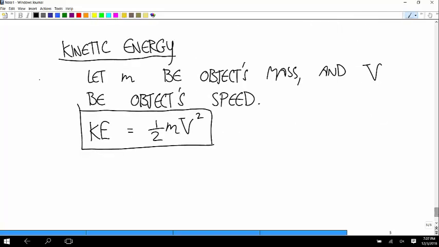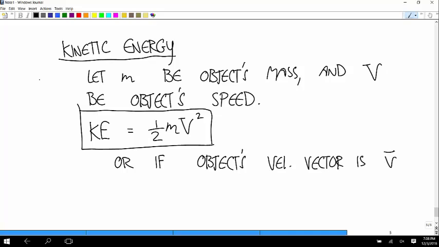Instead of having the object's speed, normally up until now, it's a lot more common that we're dealing with velocity components than with speed. So if, instead of being given the speed, you're given the velocity vector, let's say the object's velocity vector is vector v.